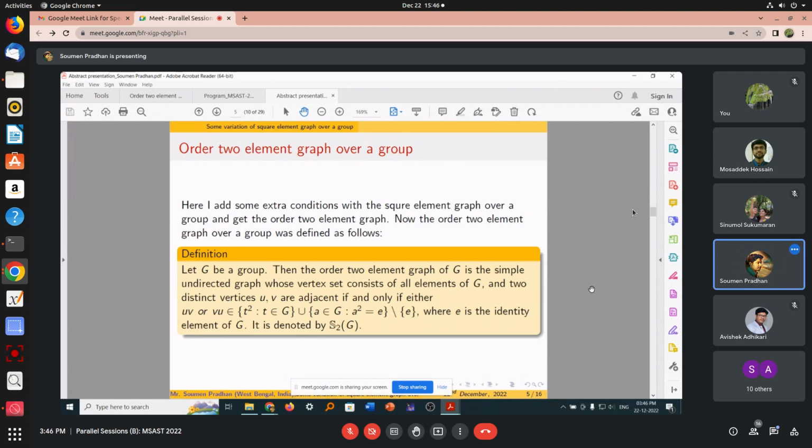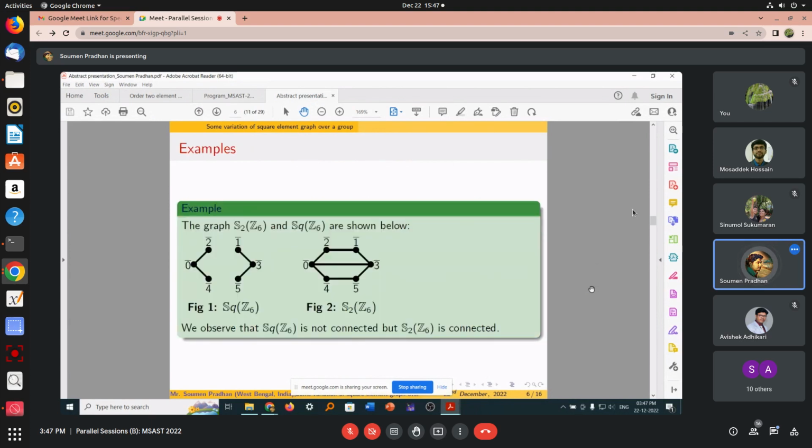Let G be a group, then the order 2 element graph of G is the simple undirected graph whose vertex set consists of all elements of G, and two distinct vertices u and v are adjacent if and only if either uv or vu belongs to T square, such that T belongs to G union {a belongs to G such that a square equals identity} minus {e}, where e is the identity element of G, and it is denoted by S2(G). In this paper we use S(G) as the set of all squares of G, and G2 the order 2 elements of G.